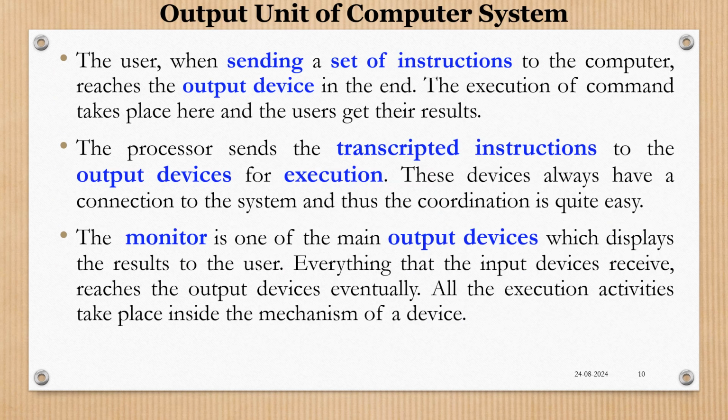Next is the output unit. When a user executes some instruction, it sends a set of instructions to the computer that are printed or displayed on the output devices, like the output displayed on the monitor, and if you use ATM machines, then you can fetch the printed slip also.